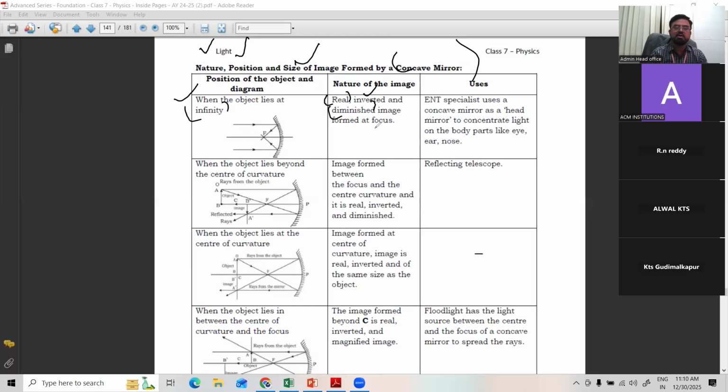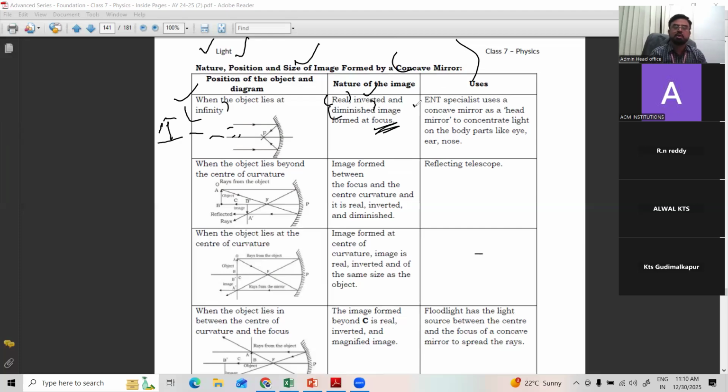The image is formed at the focus. So, see here, focus is this. When you place the object somewhere at infinity, what is the nature of the image? Real, inverted, and diminished image formed at the focus. That is the first case, when the object is placed at infinity.